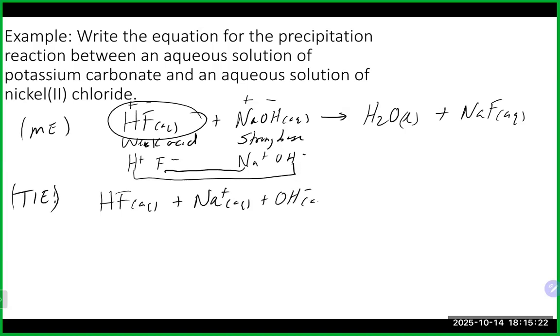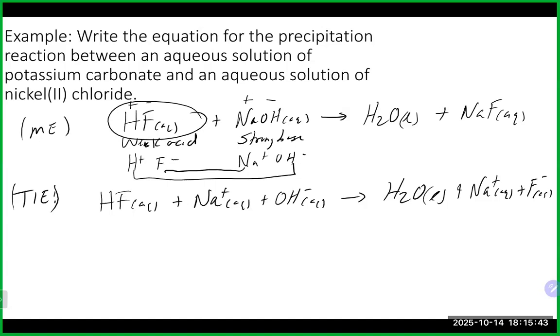Water, which is a pure liquid, will stay together. Again, anything that's liquid or solid definitely stays together. And then we would have sodium ion and fluoride here. So this would be what our total ionic equation would look like.